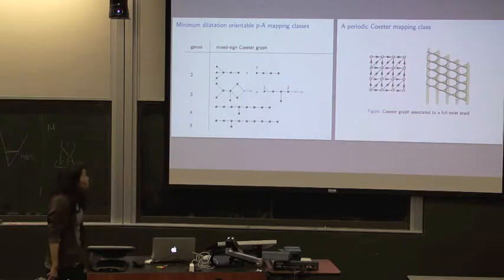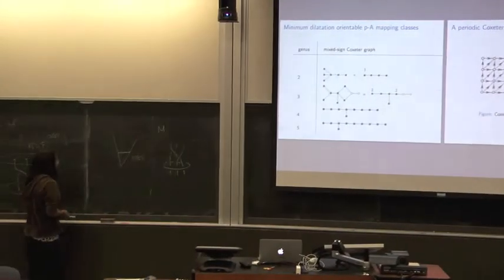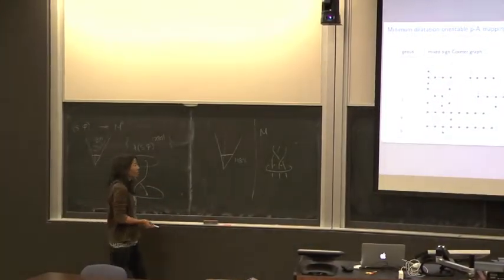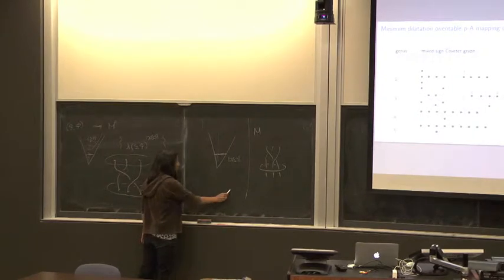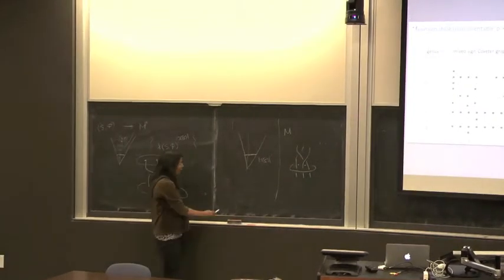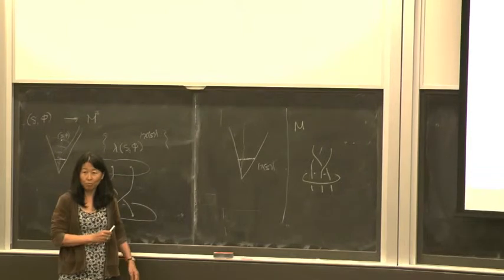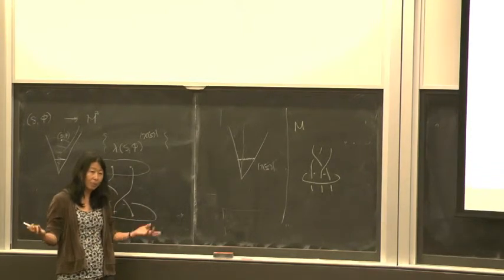Okay. All right, so now I want to construct small dilatation mapping classes. The philosophy is to start with something that's periodic, like an A_n graph, which is a spherical graph. You want to start with something periodic and then do something small to it that makes it not periodic, makes it hyperbolic.